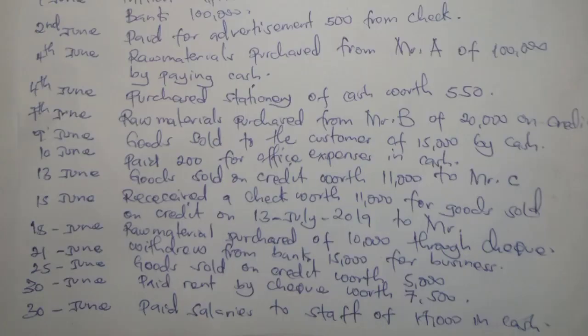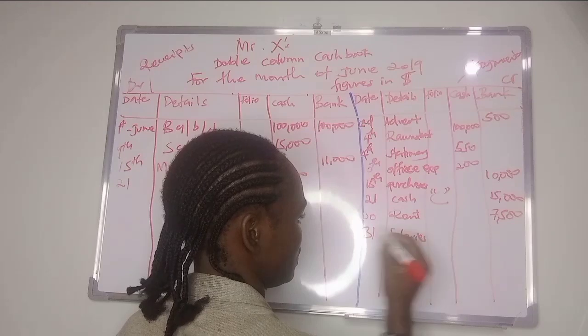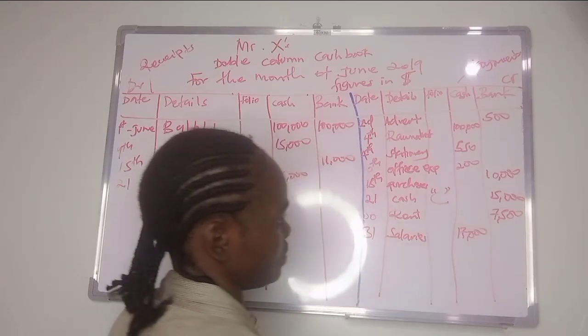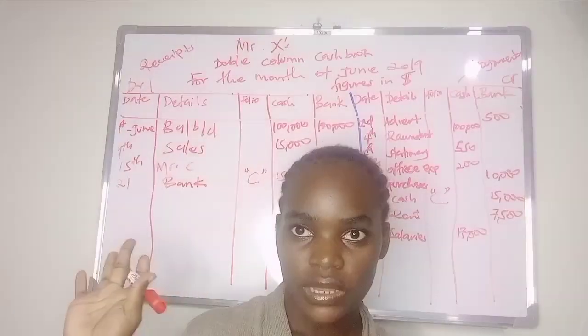Like that. Then the last is a paid salaries to staff of 17,000 in cash. Salary is a payment. So 31st, salaries, it was by cash. So under cash, 17,000. Yeah. So we are done with the cash book.